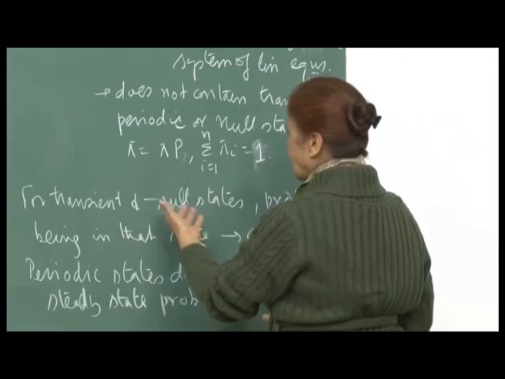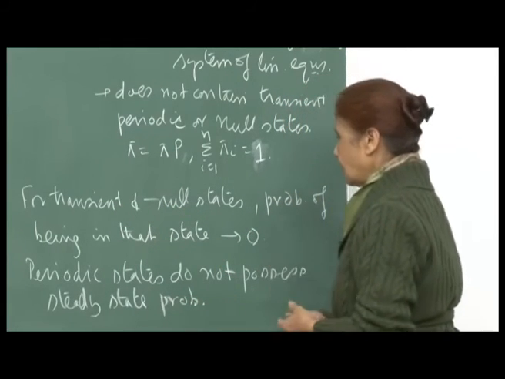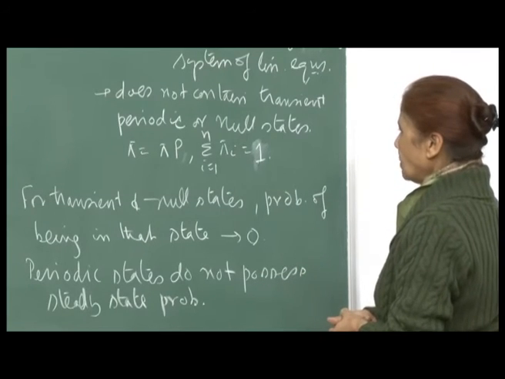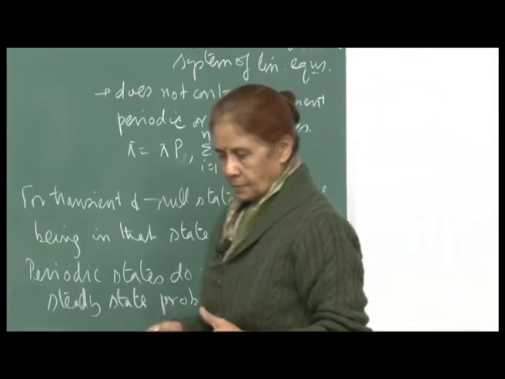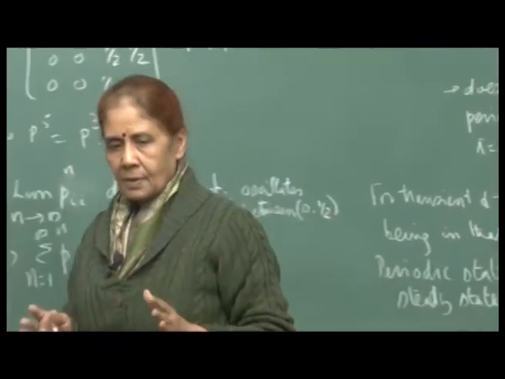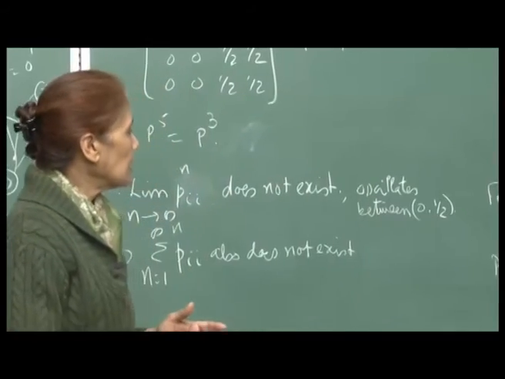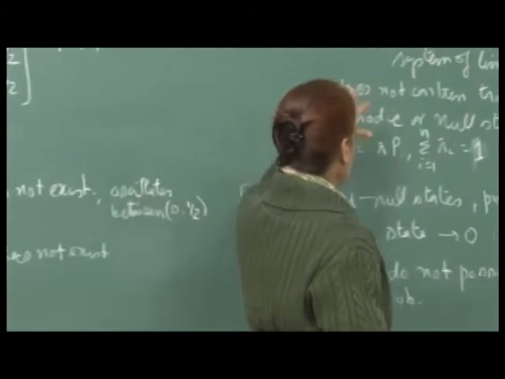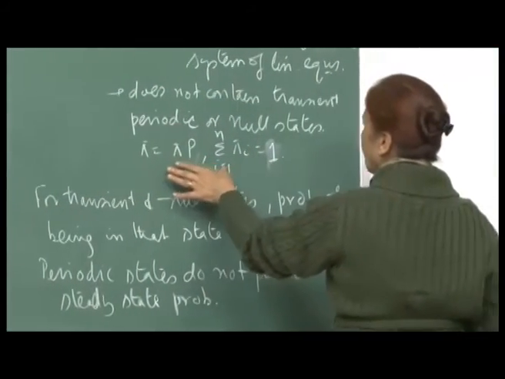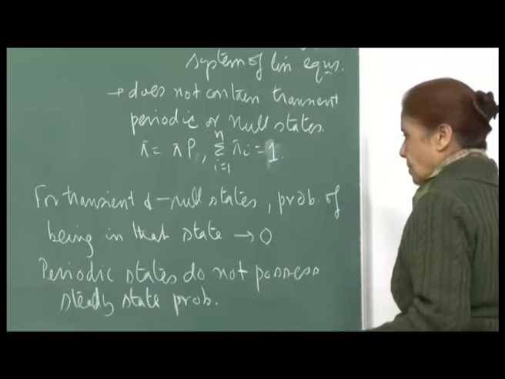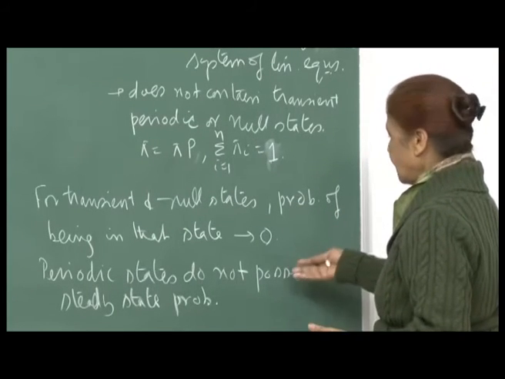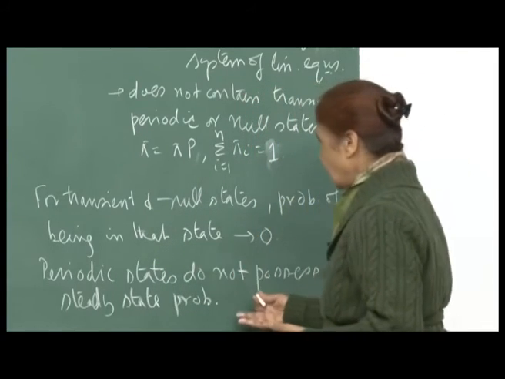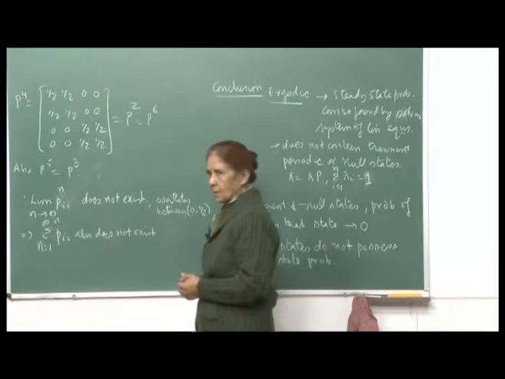For transient and null states, the probability of being in that state goes to 0 as the process continues for a long time. And so, we have finally completed this argument and said that when you know that the system is ergodic with a finite number of states, then you can solve for steady state probabilities using a system of linear equations. For others, we have seen methods for how to classify and how to decide that the state is periodic, null or transient. Okay.